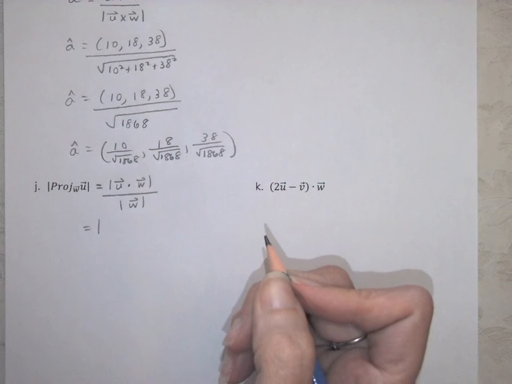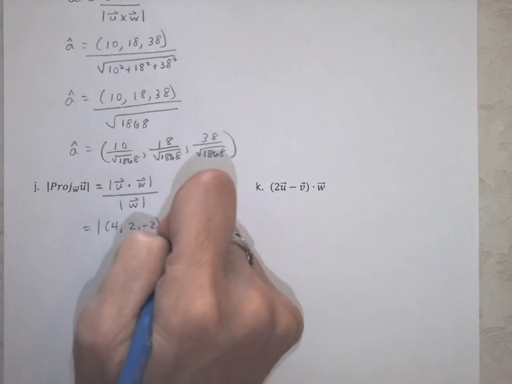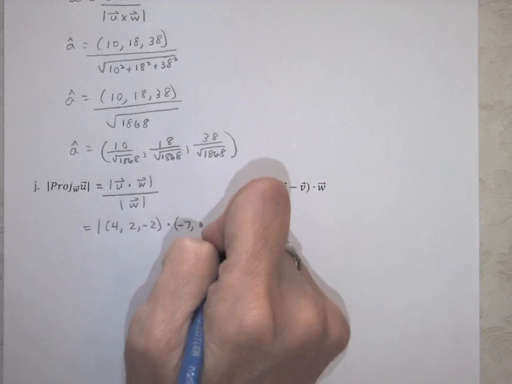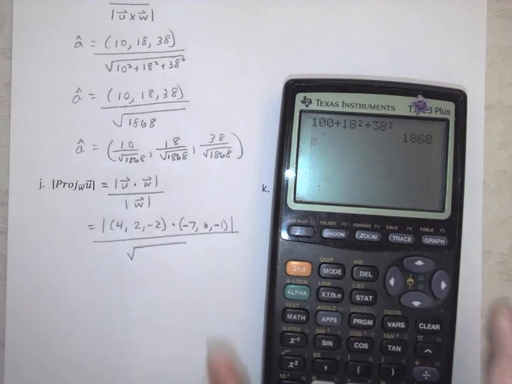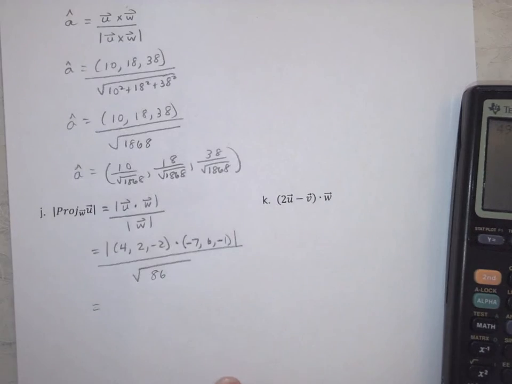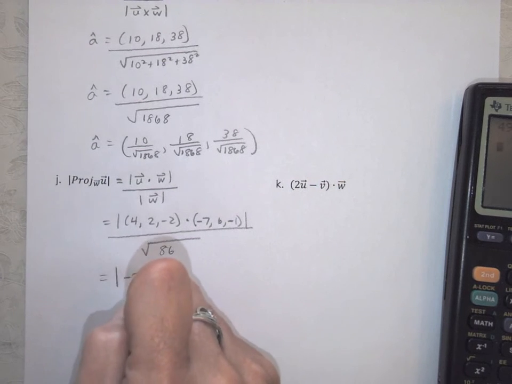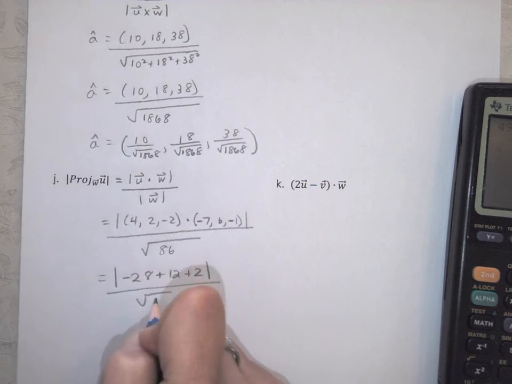So that's going to be u, which is 4, 2, negative 2, dotted with w, which is negative 7, 6, negative 1, over the magnitude of vector w, which is going to be the square root of 49 plus 36 plus 1, or 86. So then the dot product: negative 28 plus 12 plus 2 over the square root of 86.